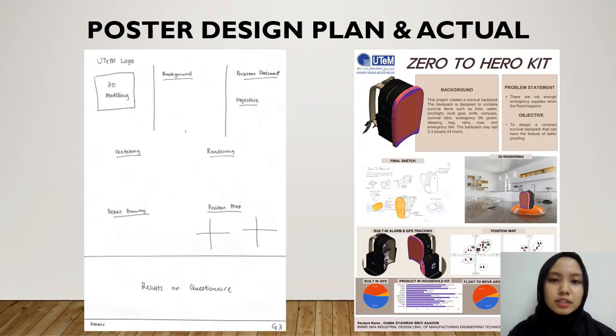Next is the poster design plan on the left, and also the actual design poster of Zero to Hero Kit, which consists of background, the problem statement, objective, final sketch, 3D rendering, and also features, position map, and also the results of the questionnaire.